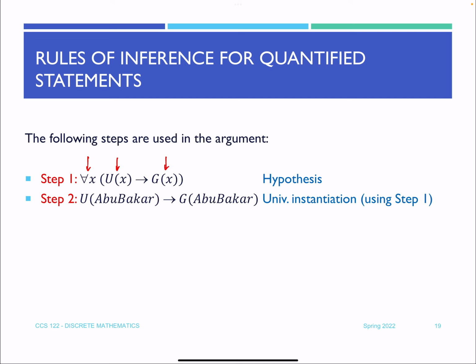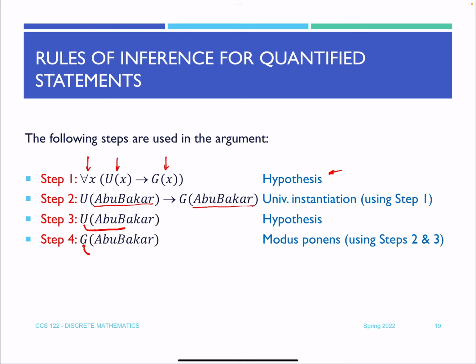So if this hypothesis is true for all UJ students, that means that if Abu Bakr is a UJ student, then Abu Bakr must also be a genius. And since Abu Bakr is a UJ student, therefore Abu Bakr is also a genius. This is an application of universal instantiation.